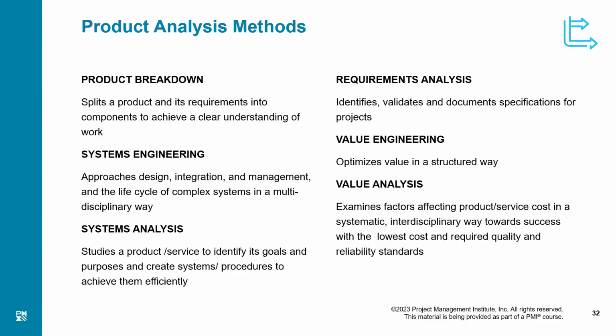So we have to bring value. How can we bring value out of the project? That is through value engineering and value analysis. So both of the things are important: systems engineering and systems analysis, and value engineering and value analysis.